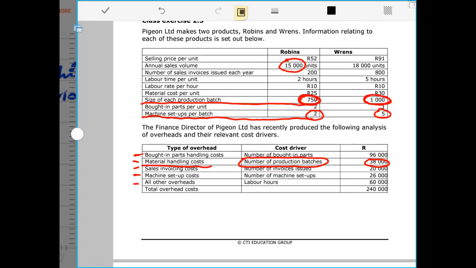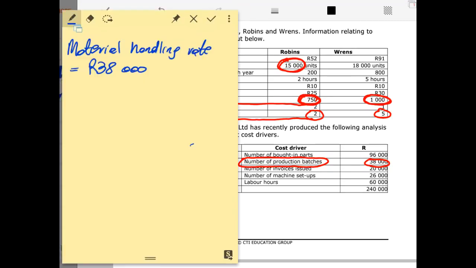So now obviously, if one batch is 750, let us calculate our batches first, calculating batches out of the 15,000 units. Let me just draw a line here.